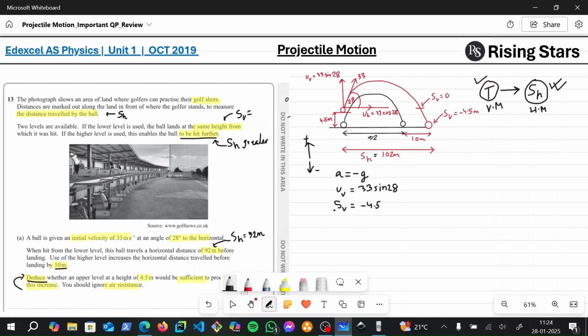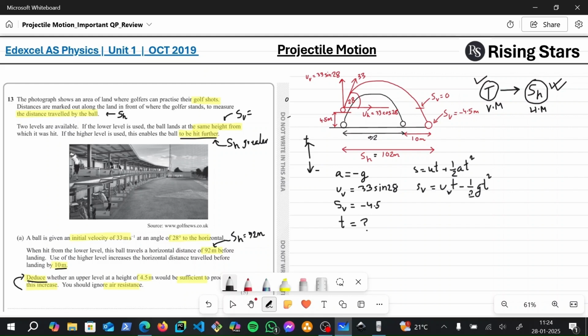And we can find the time now. We have the required values, the SUVAT. So we're going to use the kinematics equation here, which is s equals ut plus half at squared. Modifying it a little bit, we can write it as SV equals UV t minus half g t squared, because acceleration is negative g.